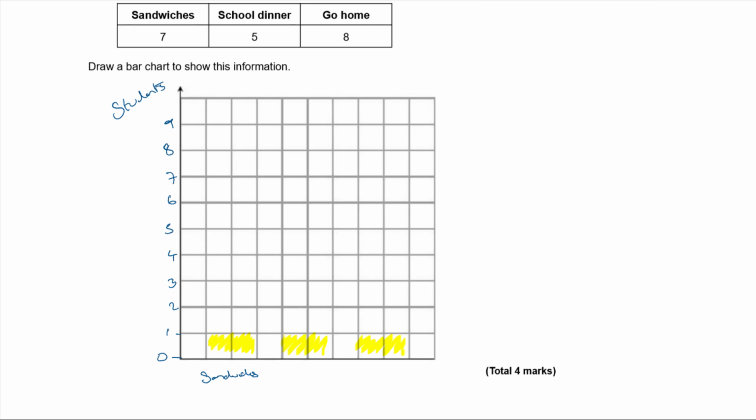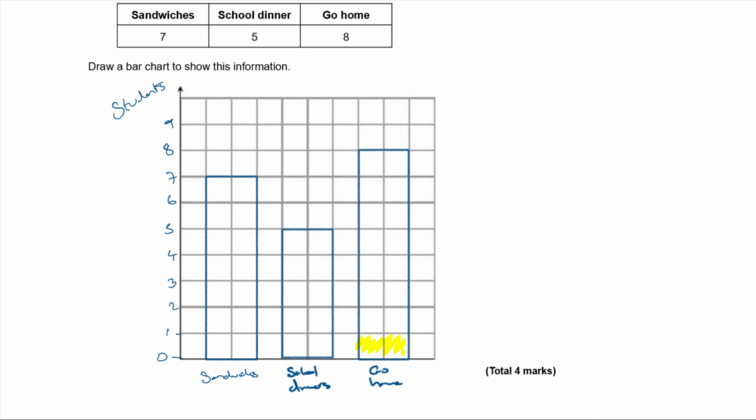So I'm going to have to draw a bar which is of height 7 on my diagram. Then next I've got school dinners, and that needs to be of height 5. And then finally I've got go home, haven't I? And that is of height 8.